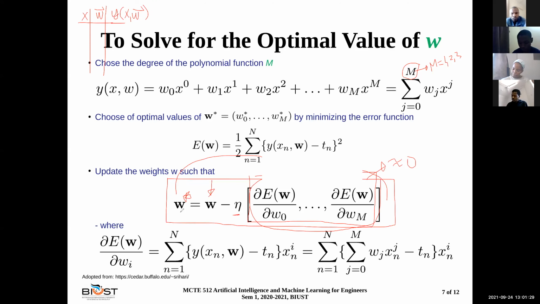Sometimes you get an optimal value, sometimes you don't. So you guess again another value, and then you compute like that. So it's just about guessing, and which guess will be the best will lead you to some optimal values.